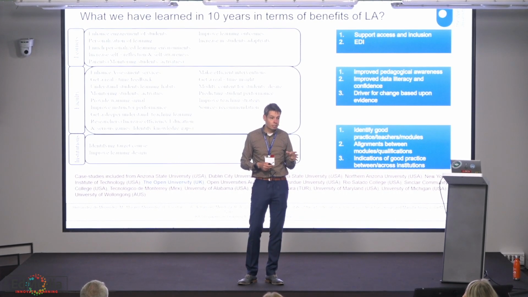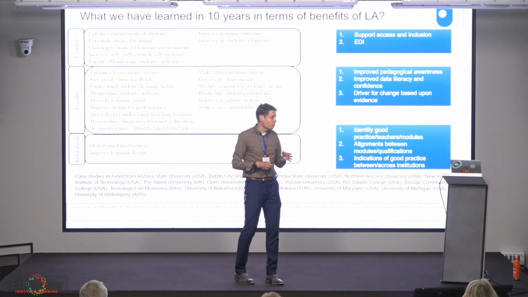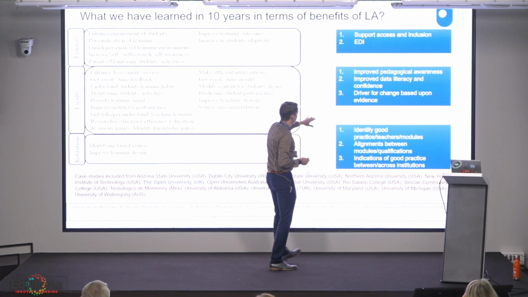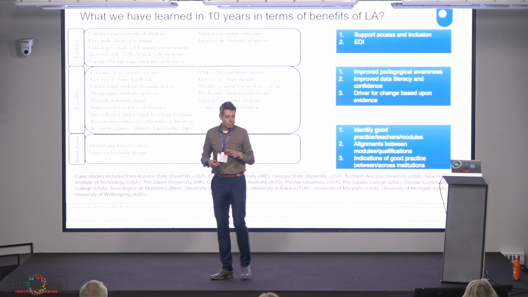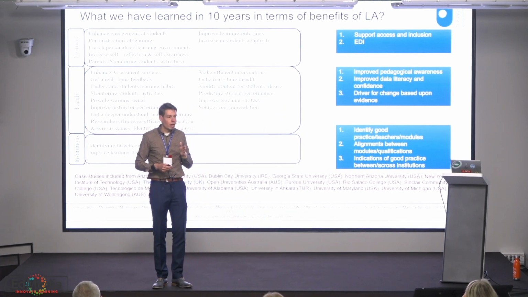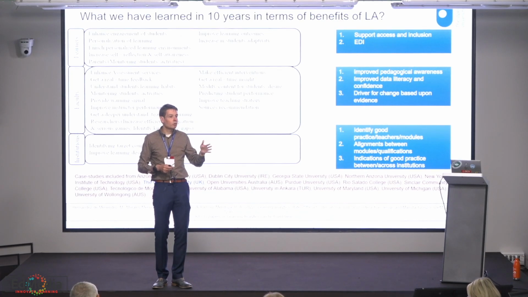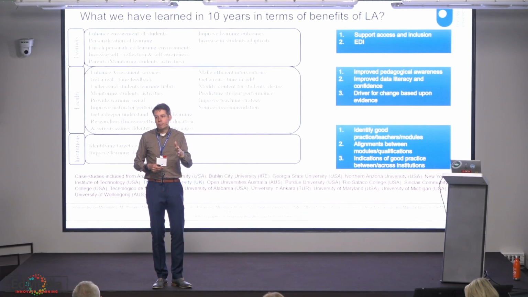We use this extensively, and also in terms of equality, diversity, and inclusion, because we can identify which students are more or less likely at risk. But I think the biggest win for us as a university implementing this for the last 10 years is an improved pedagogical awareness of our teachers, because we can show, if you've designed this activity in week 4, why is it not working, or why is it working?